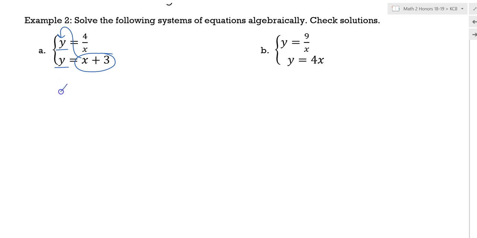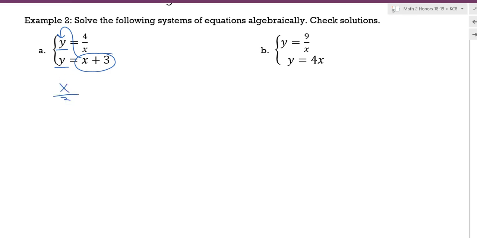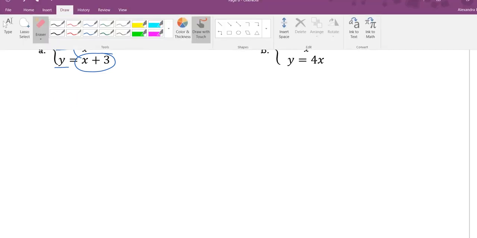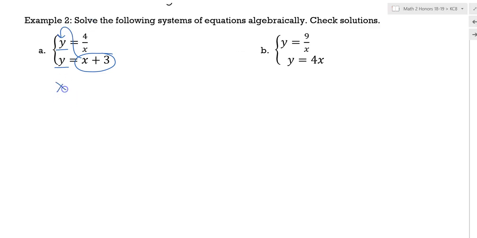So really this is x plus 3. Once we do that, it's the same thing we've been doing. We have to find our common denominator.